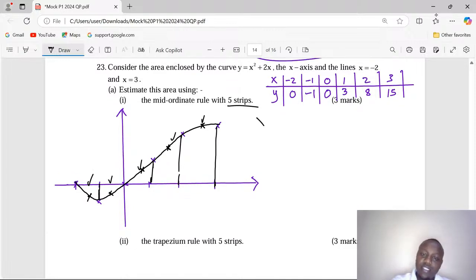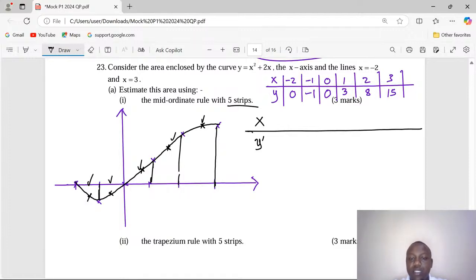So we need x and the mid-ordinates. Let me call it y prime. The middle value of the heights, which means we need again to do a table.